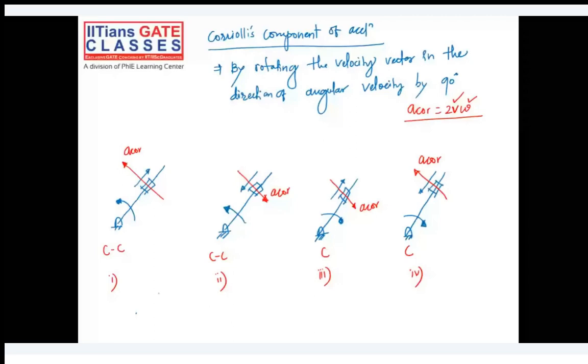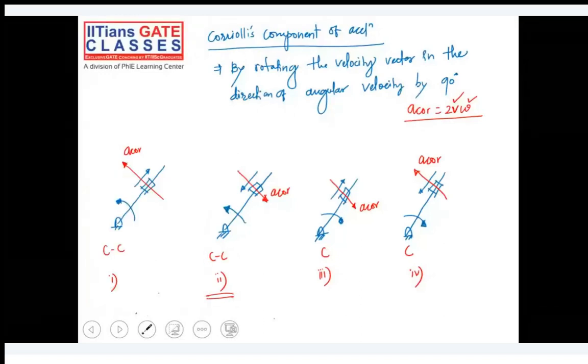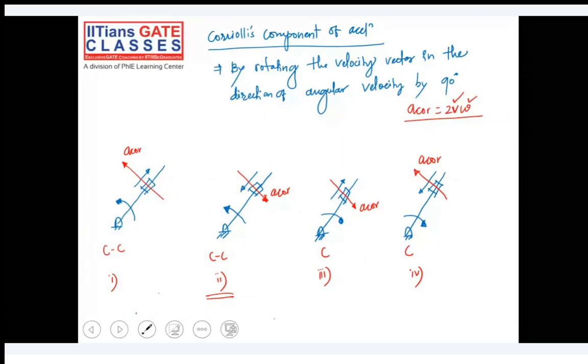So till this point we have studied. Okay, we got one question from Sean: how did you rotate in case 2? So I hope you are talking about the Coriolis component of acceleration in this case 2, right? Yes. Okay, so what is the definition, Sean? The Coriolis component of the acceleration is obtained by rotating the velocity vector in the direction of angular velocity by 90 degrees.